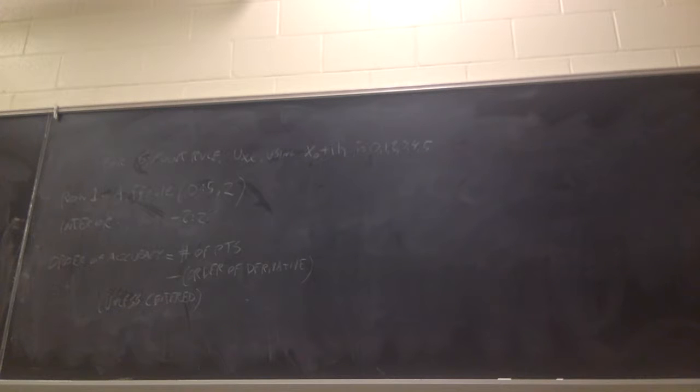Oh wait, there's one more thing. With your F, the formula has a sine of pi x times the derivative squared. That part's fine, but because you're at pi x, that has to be squared.